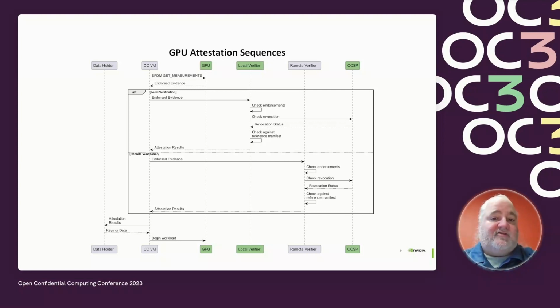Once you've gotten your attestation results from either your local or your remote verifier, you pass those attestation results to the data holder, or in another term, the relying party, and then it would release keys, data, or both keys and data to the confidential compute VM, and then the VM starts passing data and keys to the GPU.